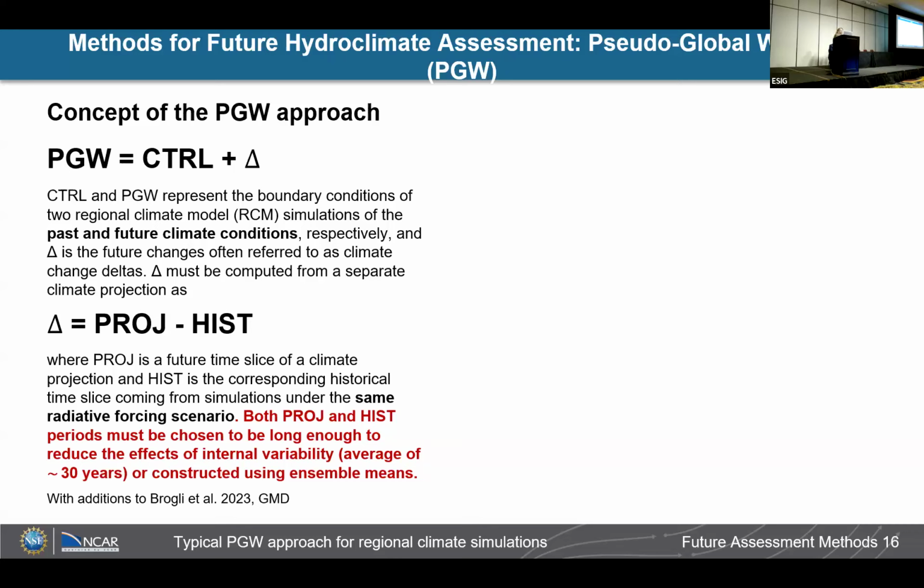So the idea is you have to use the same radiative forcing scenario on both the projected and the historical, and they have to be long enough so that an average is applicable. Generally, we consider about 30 years to be long enough, or you can use ensemble data, lots of model runs with some perturbation to get that.